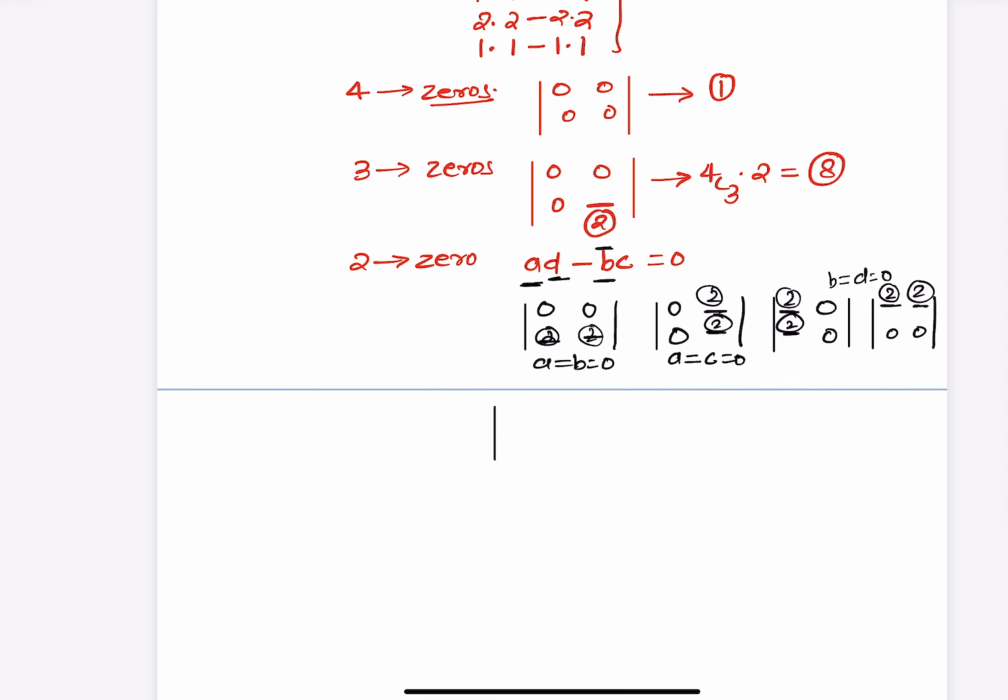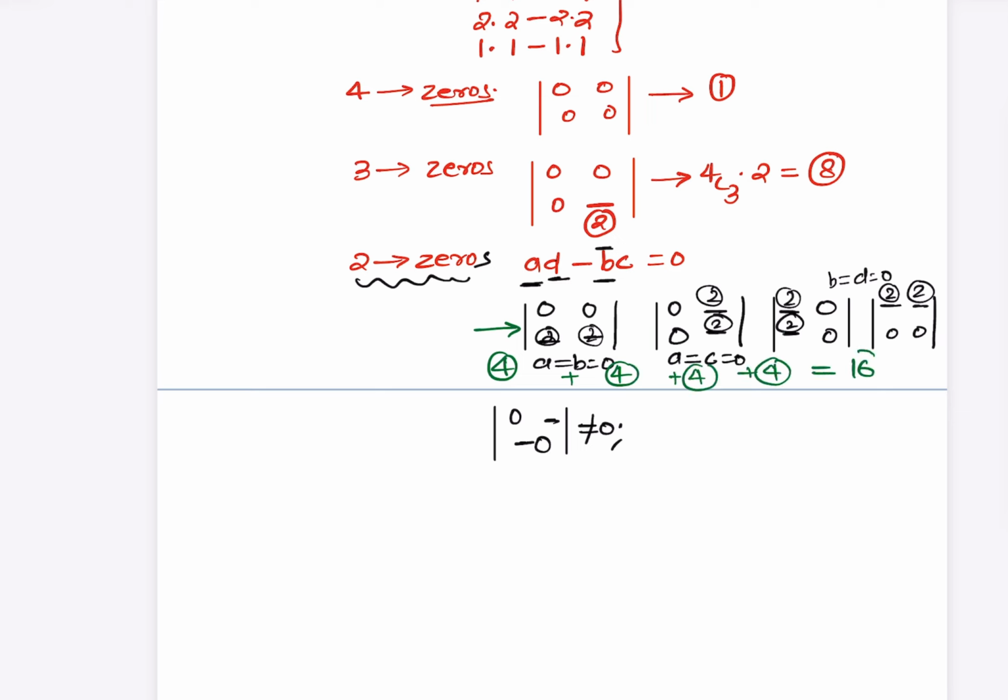Suppose you wish to write 0 0 in the diagonal positions, these two places will not be 0, since we are using exactly two zeros, and we are counting only those matrices whose determinant is 0. So this type of matrices we get 4, or 4, or this also 4, and this also 4. So total we are getting 16 such matrices.